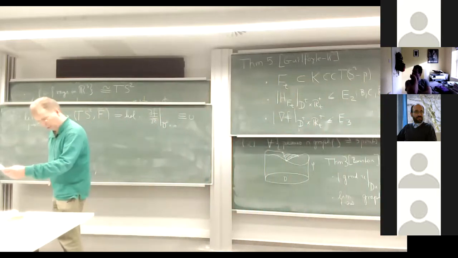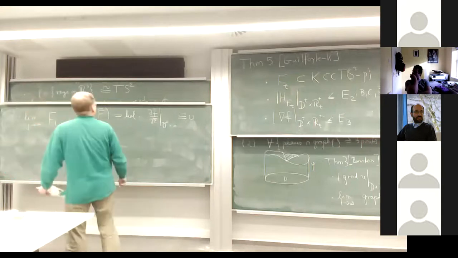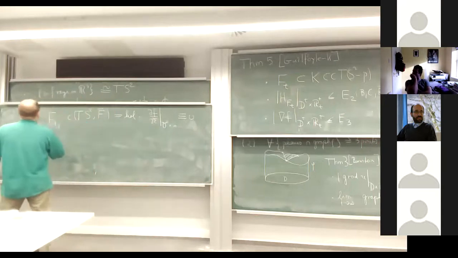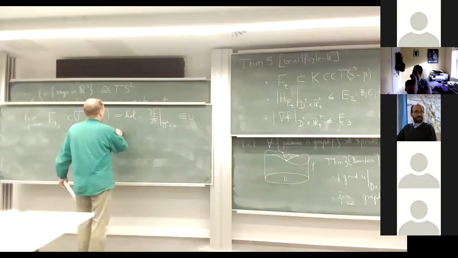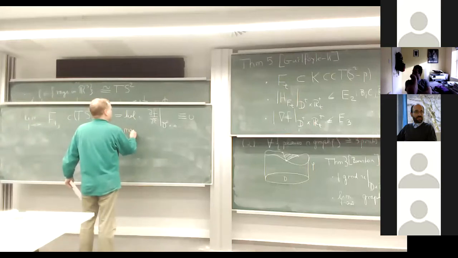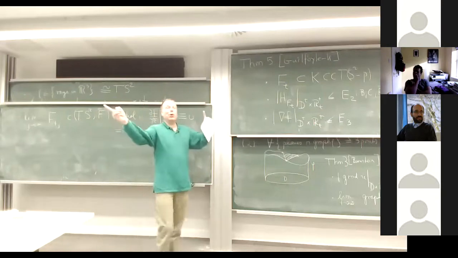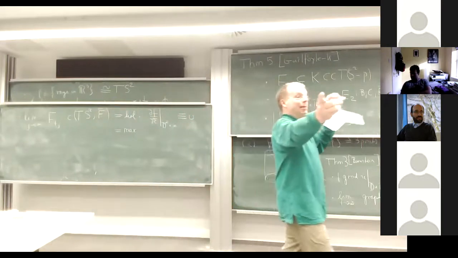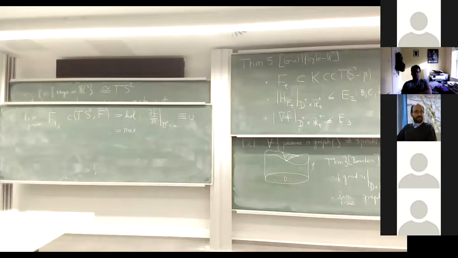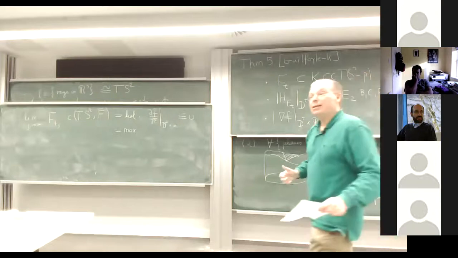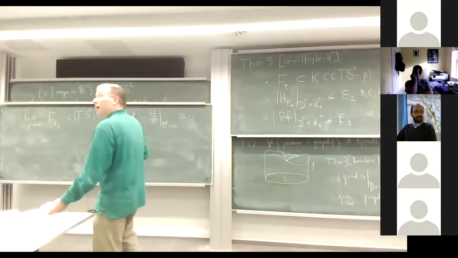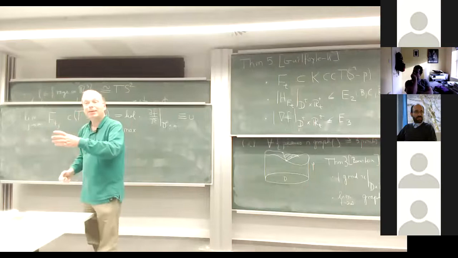So this is a maximal surface in TS2 with respect to this distance. These are surfaces that have angular momentum in a maximal fashion. So think of uncooked spaghetti.